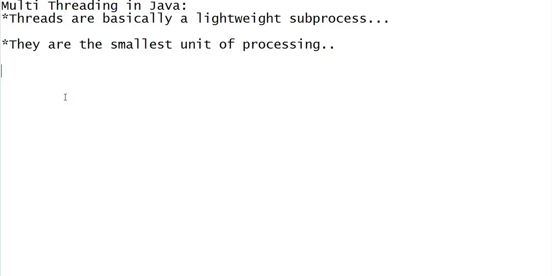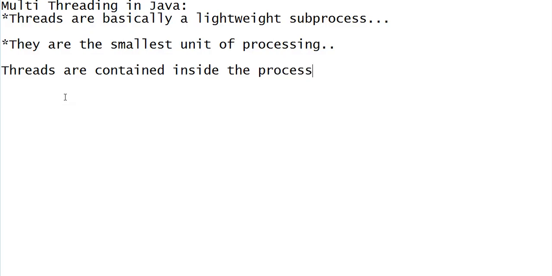If they are subprocesses, then they must be contained inside a process. So we can say that threads are contained inside the process because they are subprocesses.